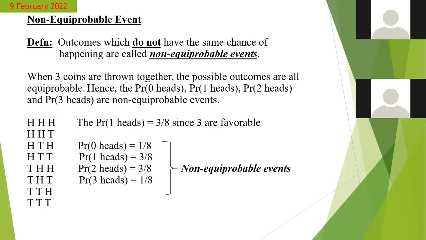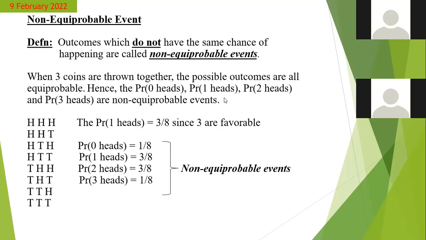We throw all 3 of them together. So if we toss all of them together, there's a possibility that we might not get any head, because if they all fall tails up, it means that we wouldn't get any head. So we can have the probability of not getting a head, which is 0 heads.